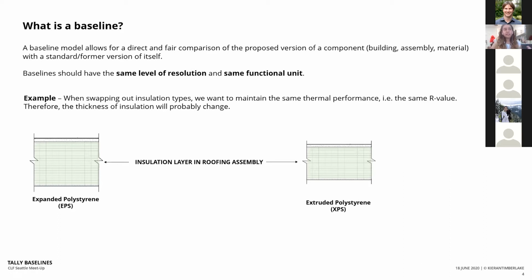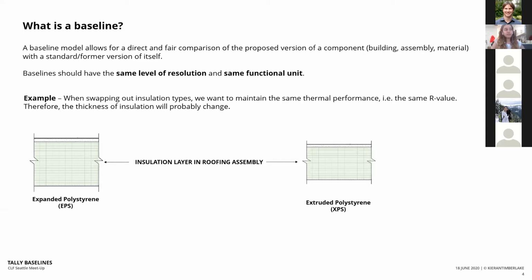If we're looking at a roofing assembly or a wall assembly and we want to compare two different insulation types in that assembly, we want to make sure that when we swap those out, the functional unit, which is the thermal performance of that insulation, is maintained, which in this case means that we want to have the same U value or R value.